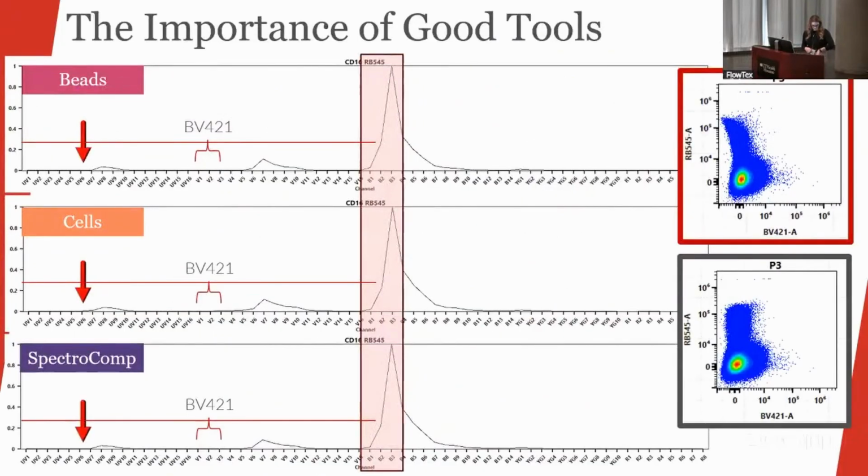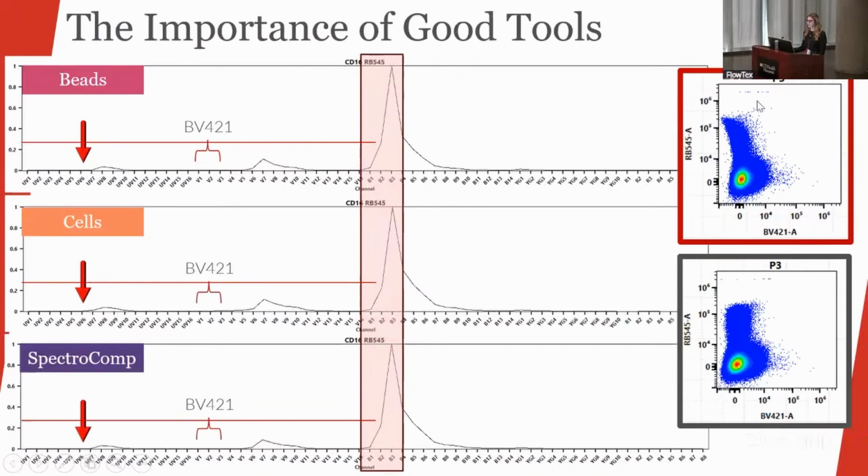So I did want to take my last minute to talk about the importance of having really good tools. If you have an Aurora, this is probably pretty familiar to you. It's a screenshot from SpectraFlow, and this is RB545, which CD16 is on in this panel. If you look at these normalized spectra, they don't look very different, yet I am seeing a difference in the unmixing.